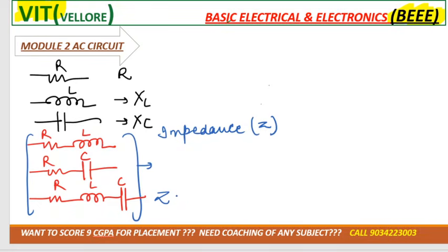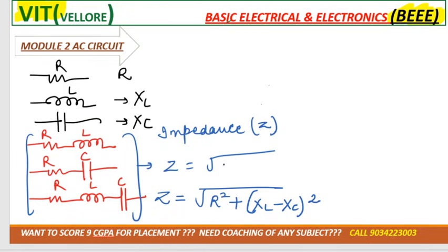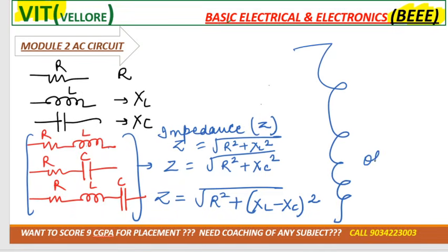So we'll have a particular formula for Z. Z is equal to root of R square plus X whole square, and here, with only L, Z would be equal to root of R square plus XL whole square. So all these are kinds of resistance only, so the unit is ohms only. Correct? Understood? Any doubt up to here?